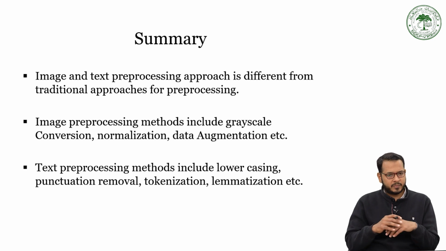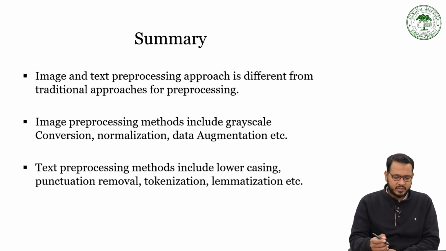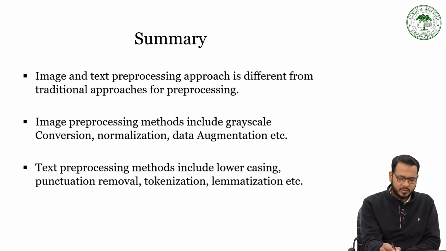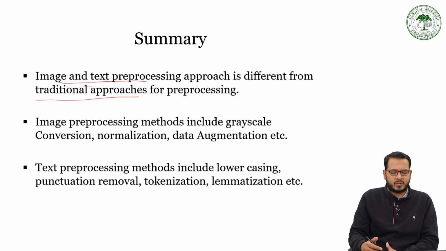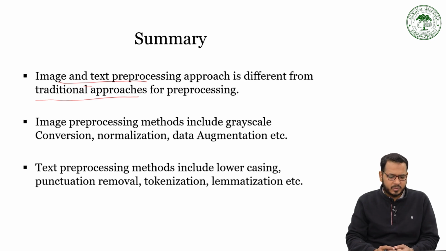So as we come to the conclusion of today's lecture, what we have discussed is that the image processing and text processing approaches are different from traditional approaches of pre-processing like missing values and all. For image processing, the commonly used steps are grayscale conversion, normalization, data augmentation, and there are a few others.